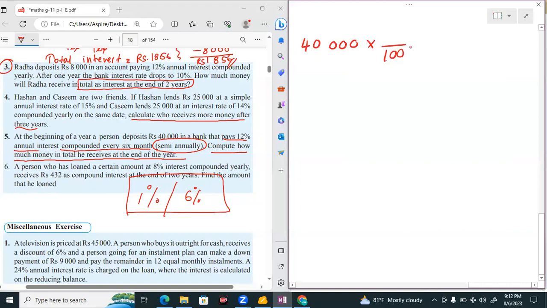That means at the end of the semi-annual. It is 106. Now we have to find the total amount he received at the end of the year. That means at the end of the second semi-annual. So we multiply it again by 106 upon 100. Okay, then we can simplify like this.